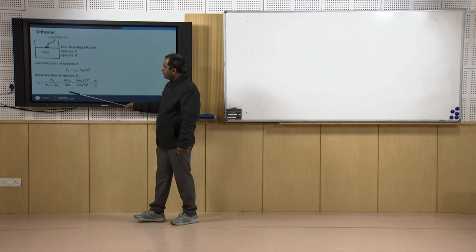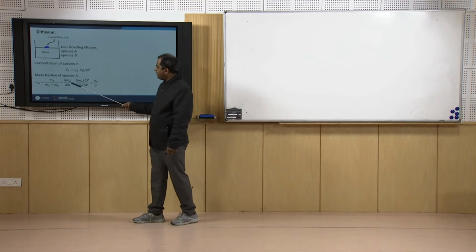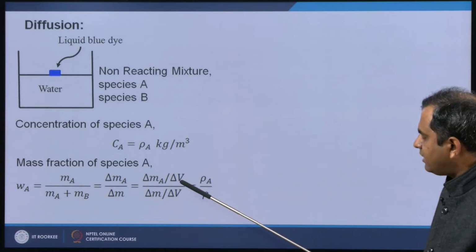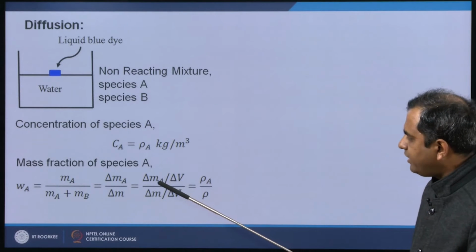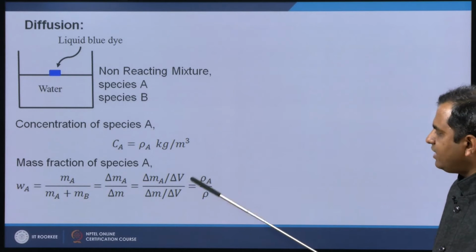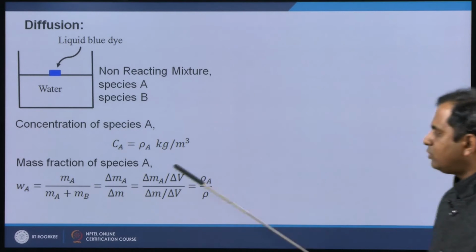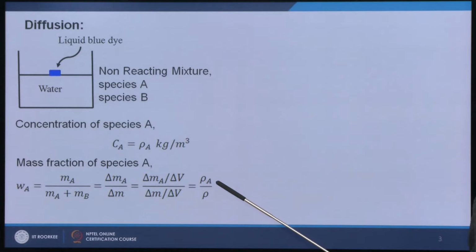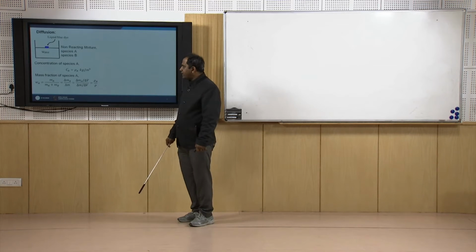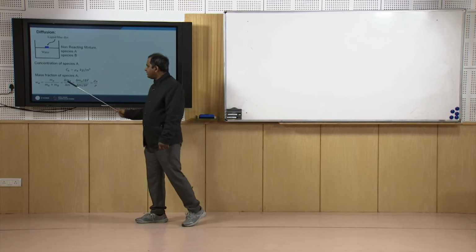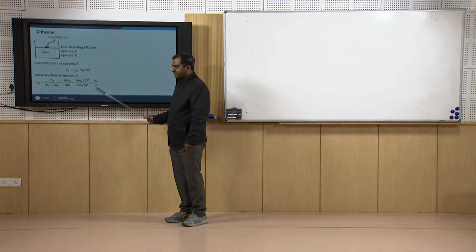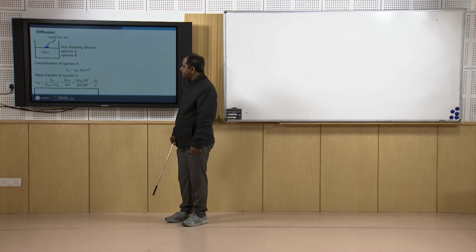If we divide the denominator and numerator by delta V, we can convert these masses into the corresponding densities: density of species A divided by the mixture density rho. So, we get mass fraction in the form of density fractions, rho A by rho.